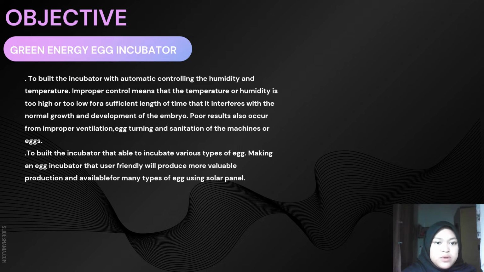Improper control means that the temperature or humidity is too high or too low for a sufficient length of time that it interferes with the normal growth and development of the embryo. Poor results also occur from improper ventilation, egg turning, and sanitation of the machine or eggs.